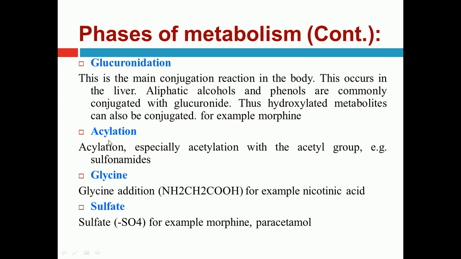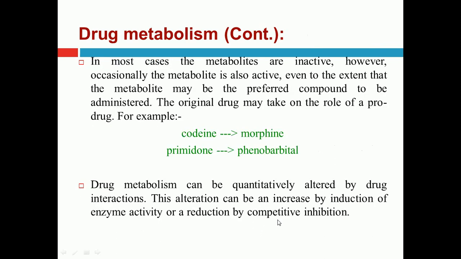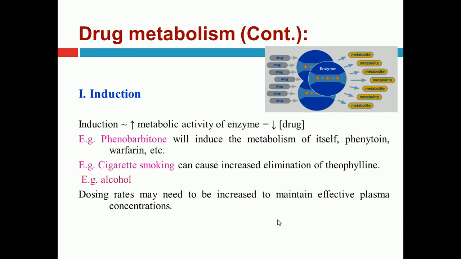Then we have acylation, especially acylation with acetyl groups, for example sulfonamides. Sulfonamides are antibiotics used against bacteria. Then we have glycine conjugation, for example nicotinic acid, and sulfation, for example morphine and paracetamol.